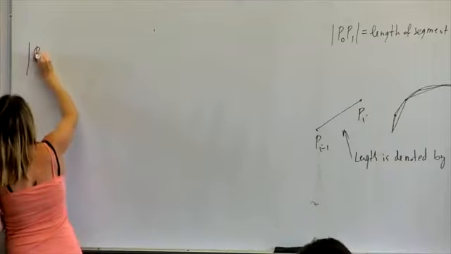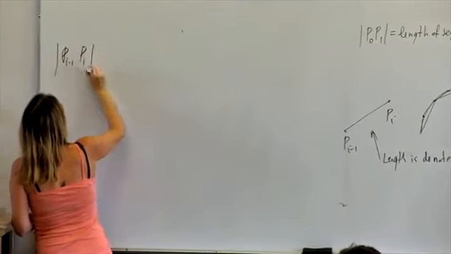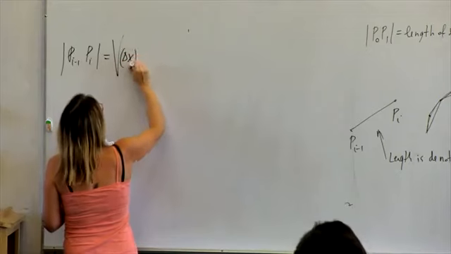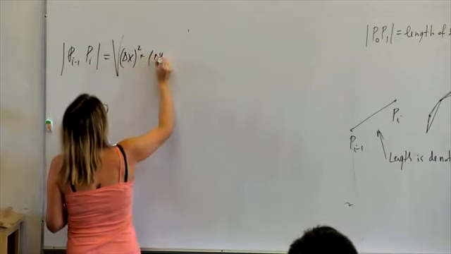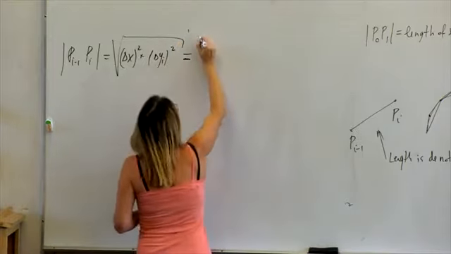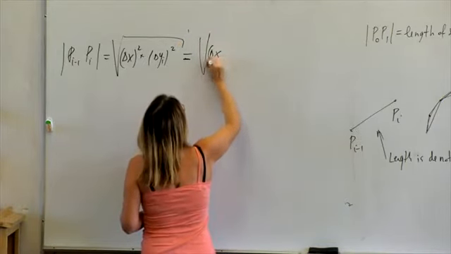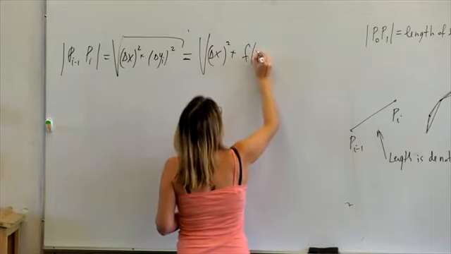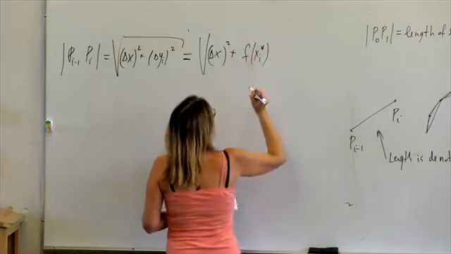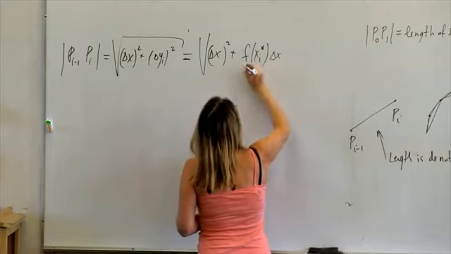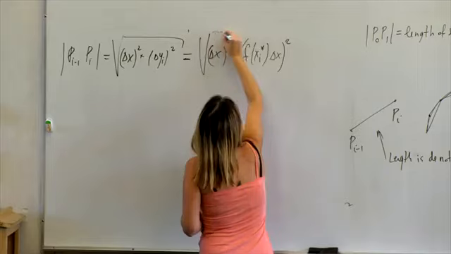So we can say that the length of the segment is the square root of delta x squared plus delta yi squared. And now instead of delta yi, I'm going to put the expression obtained from the theorem, f prime of xi star times delta x, squared.